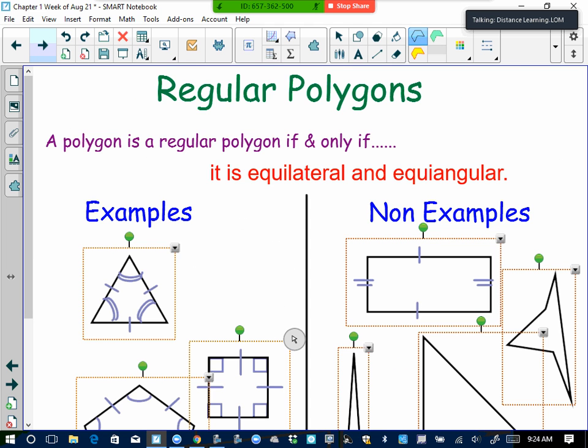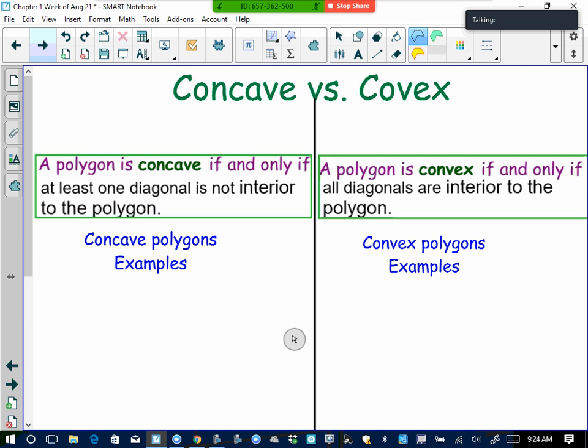So, here's just some more of the same, but let's go to concave. This is kind of new for people. So concave, a polygon is concave if and only if, this is kind of hard to understand at first, at least one diagonal is not interior to the polygon.